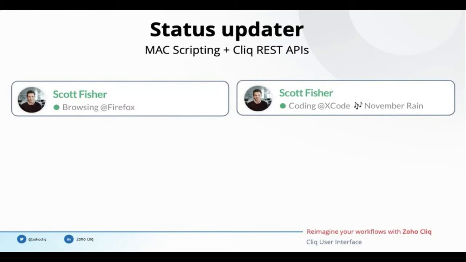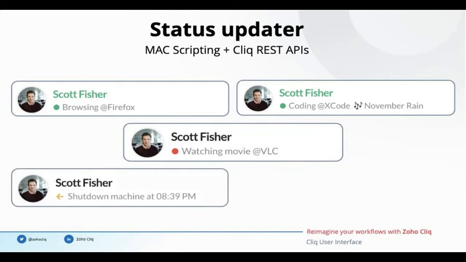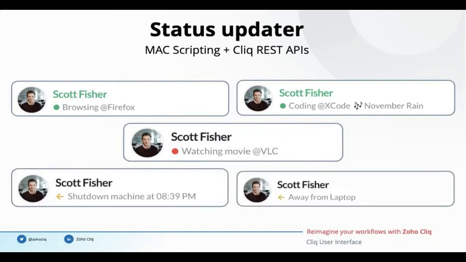Of course, coding and songs go hand in hand, right? His status is set as busy when he is busy watching a movie. His Click status is updated as away when he shuts down his computer or when there is no activity on his laptop for a long time. We were astonished by his creative thinking with the use of just a Click API. We hope you can come up with even better ideas.